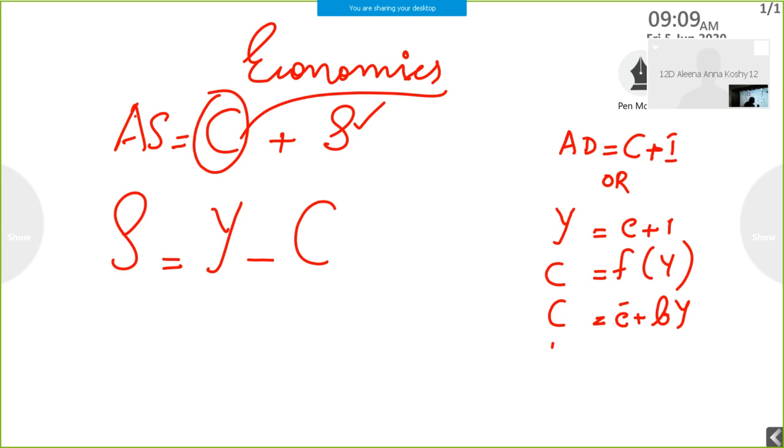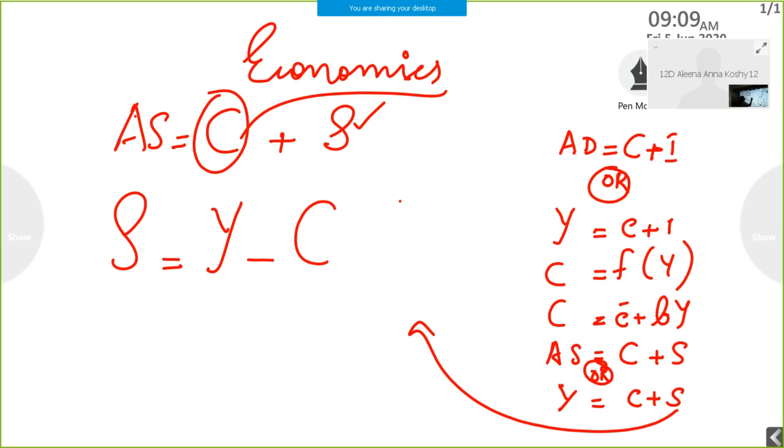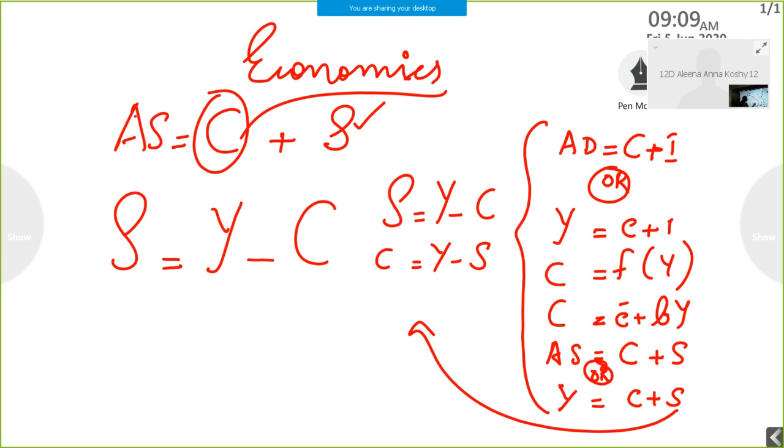Then now AS is equal to C plus S, or Y is equal to C plus S. From here we are getting S is equal to Y minus C, C is equal to Y minus S. Till here this much formula we got.